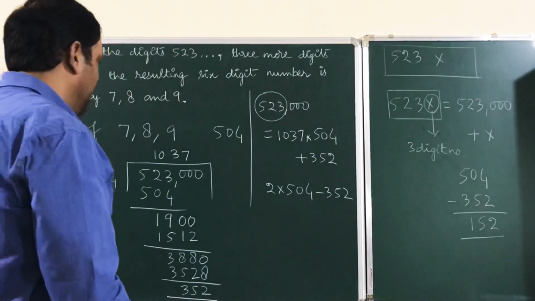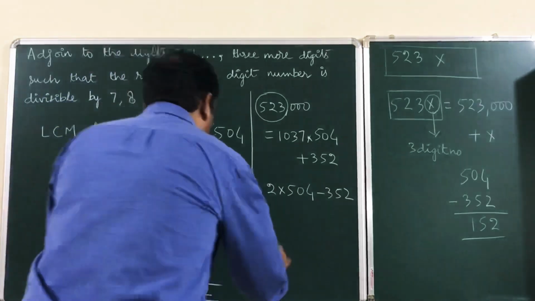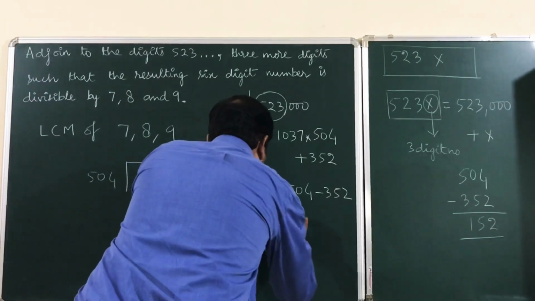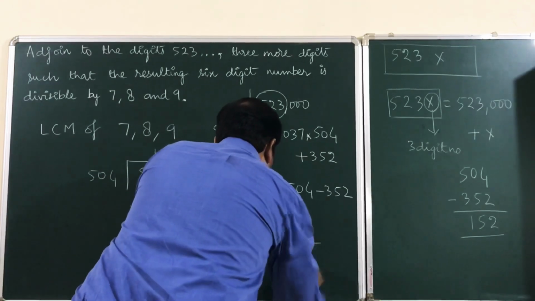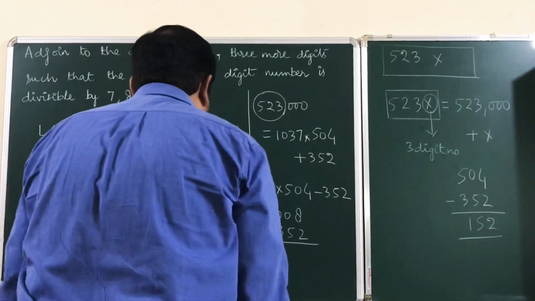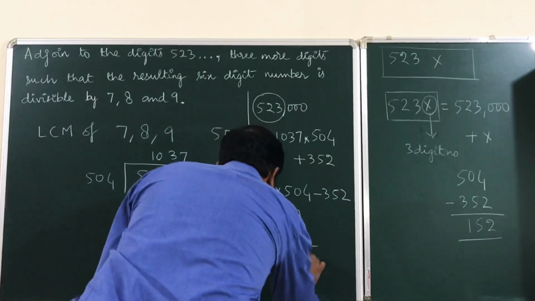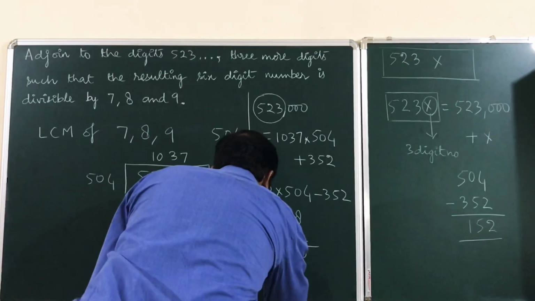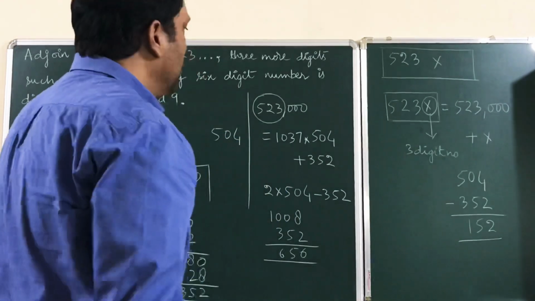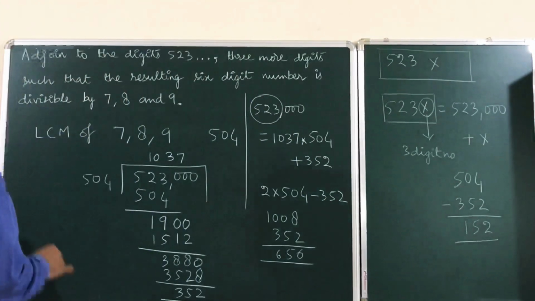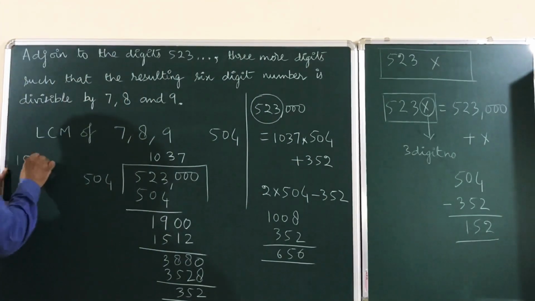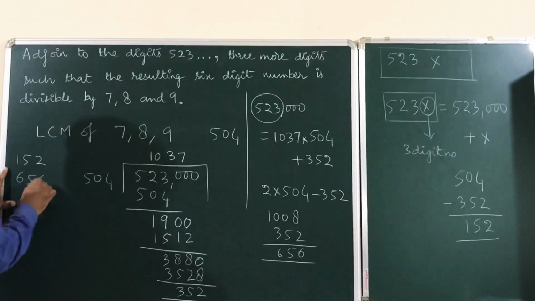So 1008 minus 352 will be 656. So two such numbers we'll get: x's values are 152 and 656.